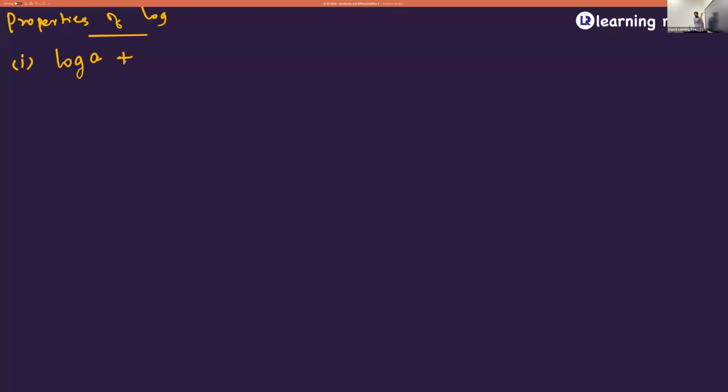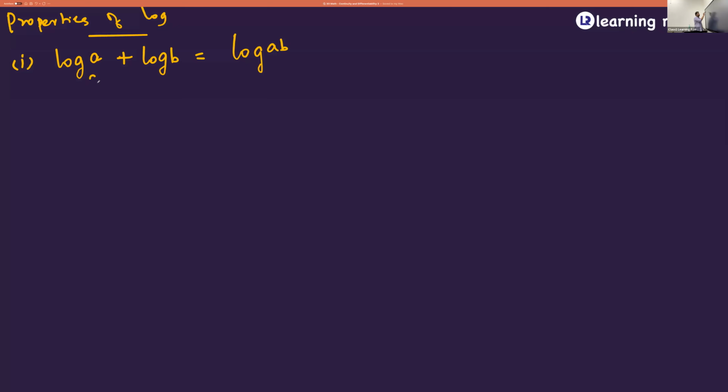Log a plus log b. Okay. Don't write it that way, I'm just writing the reverse. Log a plus log b is, this is what I asked. Go in the same direction, if you give it in reverse they will get confused. Same thing, that is what I was about to write. Right? See, the thing is log a plus log b is log ab.